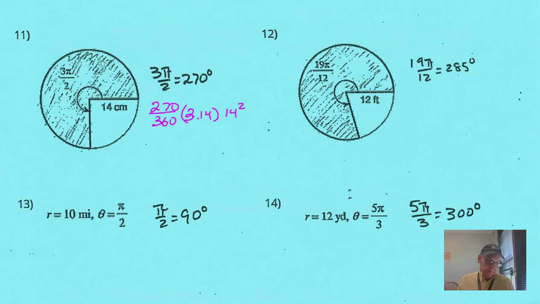So 270 divided by 360 gives us 0.75. So we got 3/4 of the circle times 3.14 times 14 squared. Gives us 461.58. And we're dealing with centimeters squared.